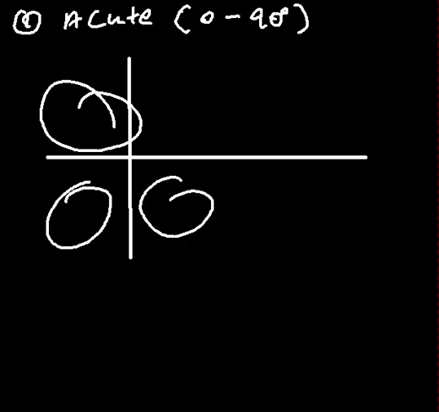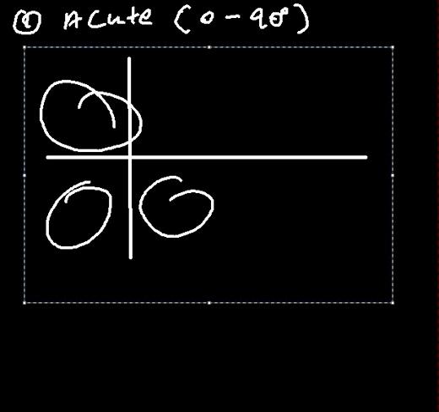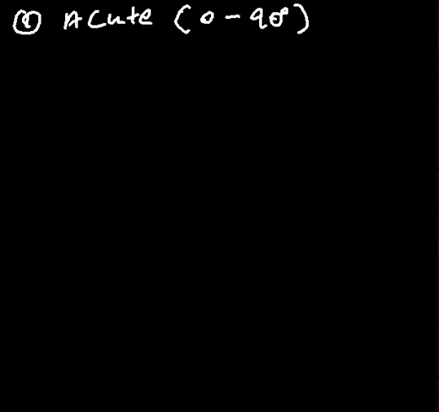Let's say we have an example of an acute angle given as 30. So in this case, this is the reference line. Now the angle is measured using the protractor.